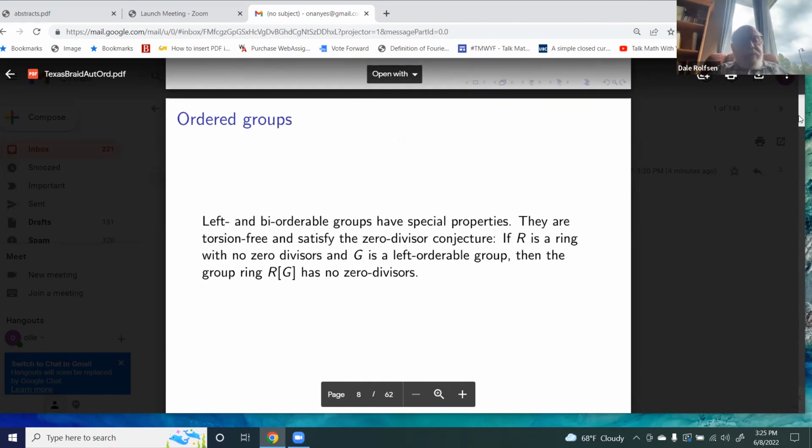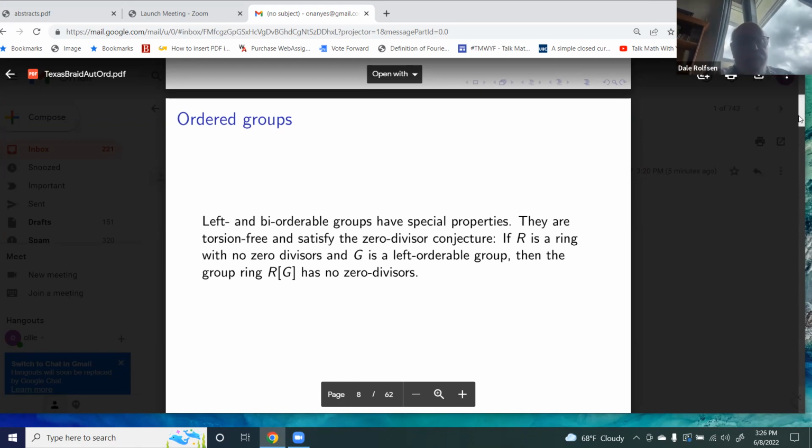If you have a left ordering or a bi-ordering on a group, the group has very special properties. For example, if you look at the group ring R[G], where R has no zero divisors, then R[G] also has no zero divisors. That's conjectured to be true for torsion-free groups, which left ordering implies torsion-free, but not conversely.